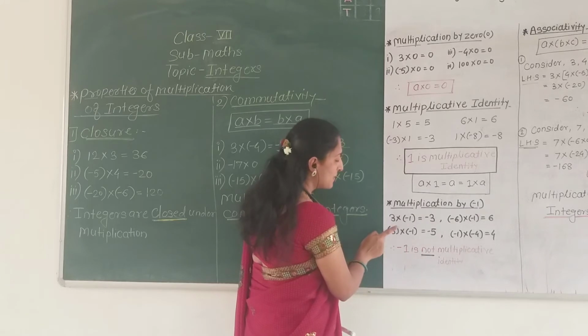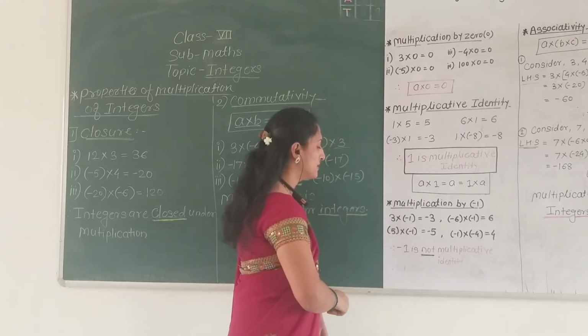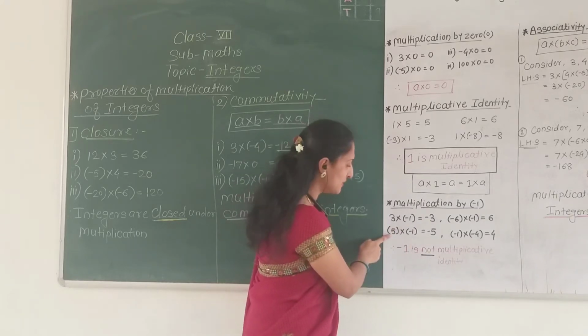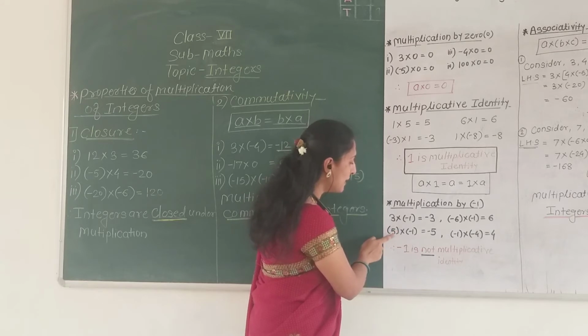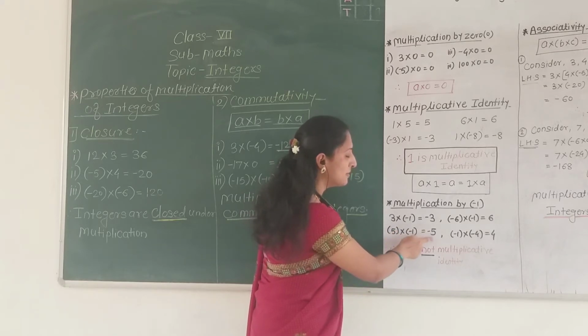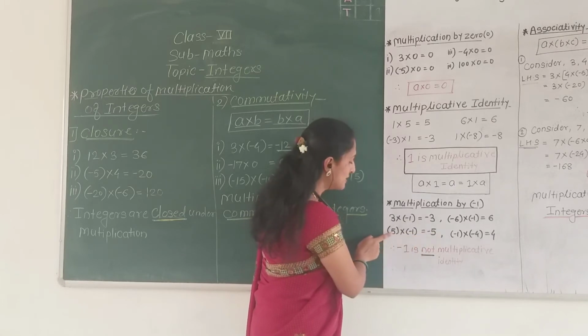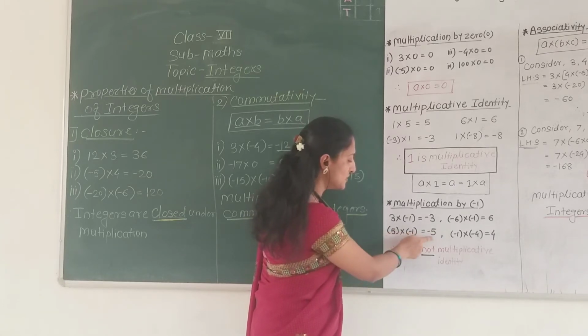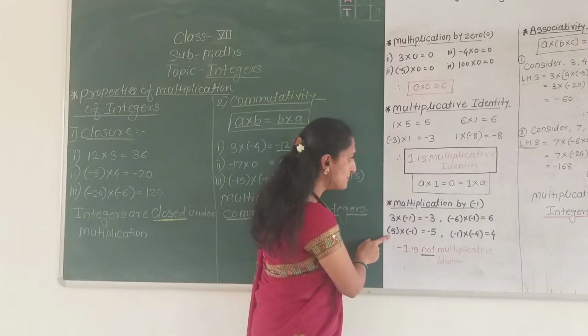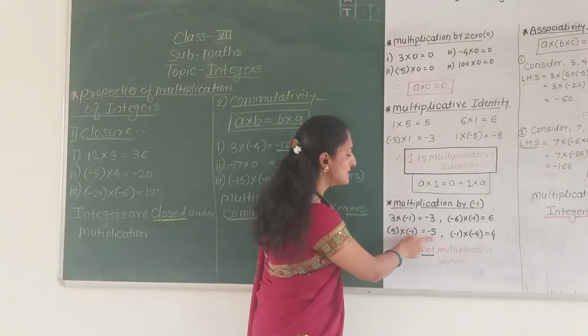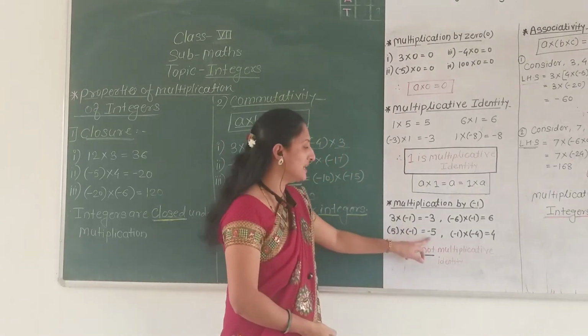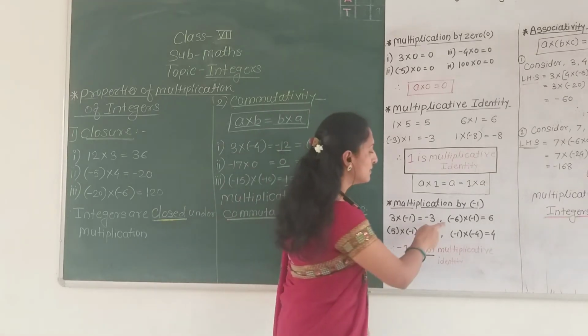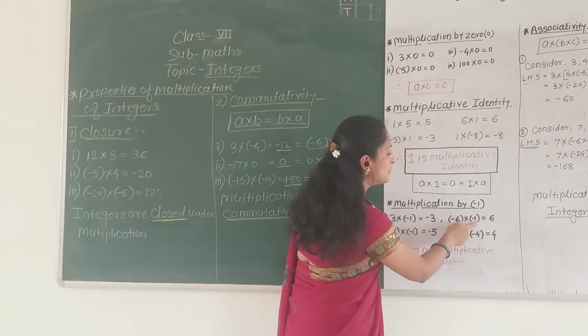Second example, 5 into negative 1. Here 5 is positive. If I multiply 5 with negative 1, my answer changes to negative 5. That means the sign of 5 changes. Now negative 6 into negative 1.